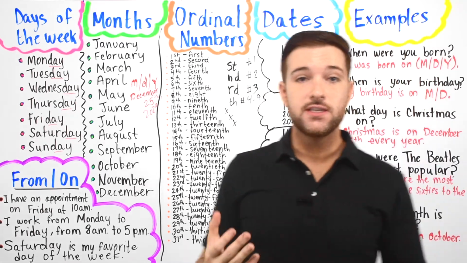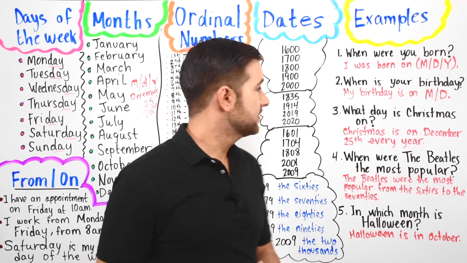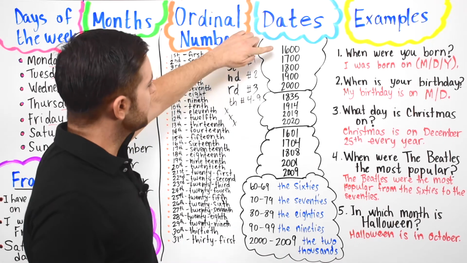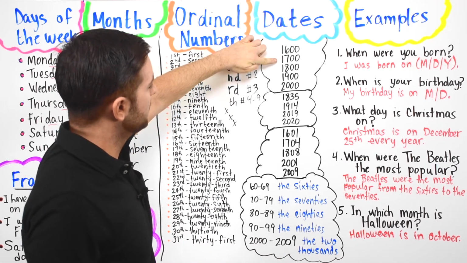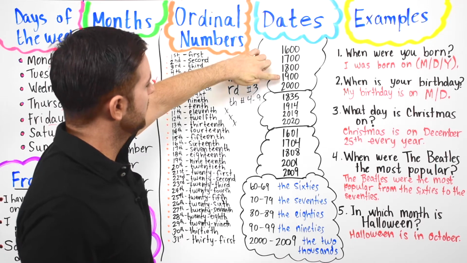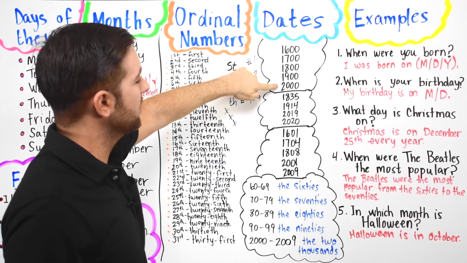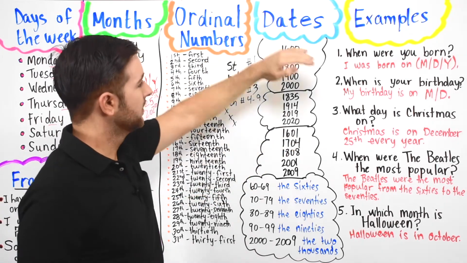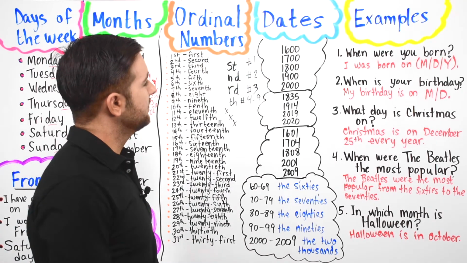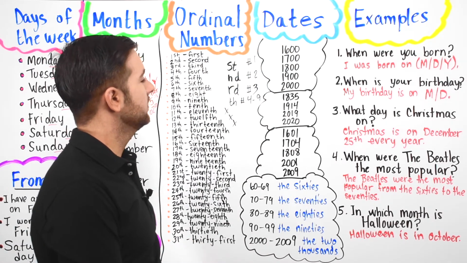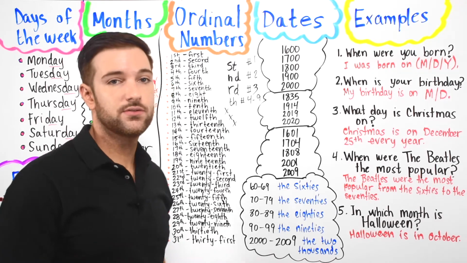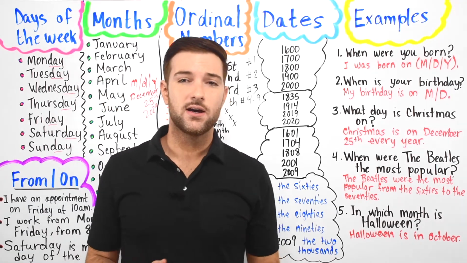Now, in English, each year for a new century is pronounced like this: 1600, 1700, 1800, 1900, and 2000. I'll say it one more time. 1600, 1700, 1800, 1900, and 2000. Okay?